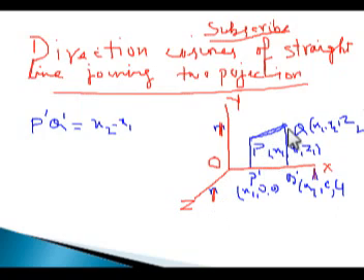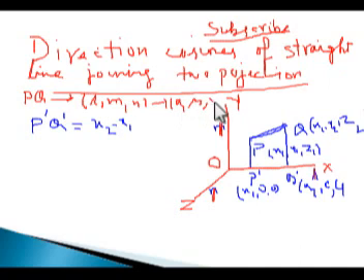But the direction cosines of PQ we take as L, M, N, and the direction angles are alpha, beta, gamma, which the line makes with the x-axis, y-axis, and z-axis respectively. It is hard to draw here.